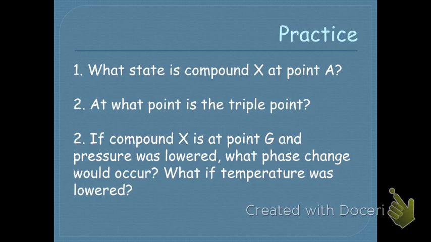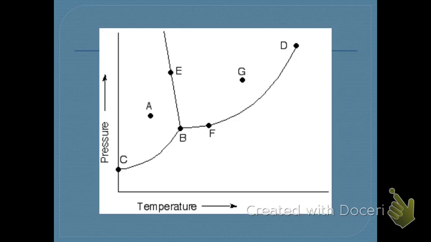So, I want you to take a few minutes, pause the video, and just try out these three practice problems. The graph you will need, the practice problems we're referring to, are right here in the previous slide.